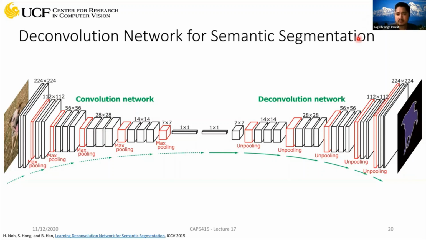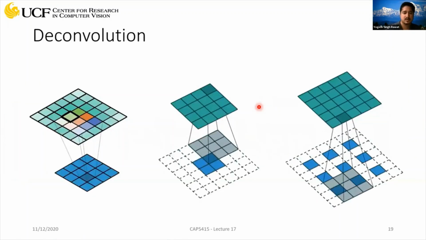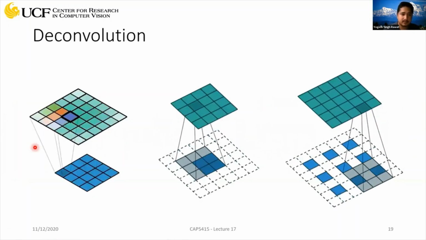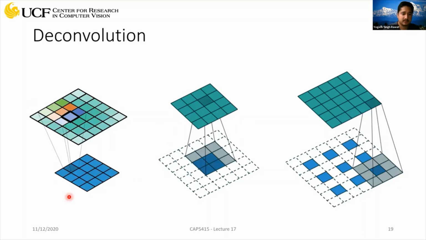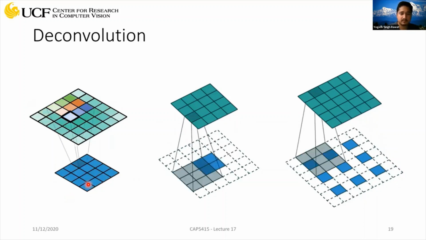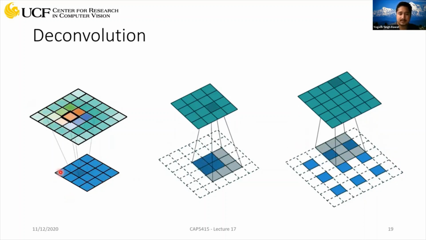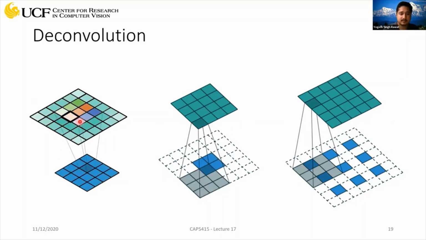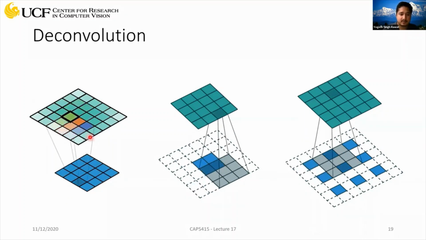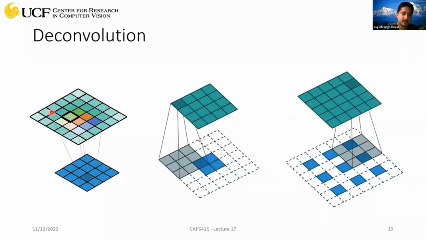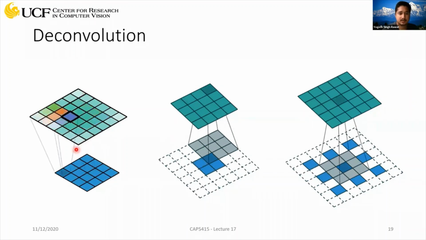So question from Sunil: how are they keeping the resolution constant? Let's say you are performing this deconvolution operation, right? Your input is 4x4, and let's say you're using a 3x3 kernel. So you will repeat these values, and your feature map, in this case, is 6x6.